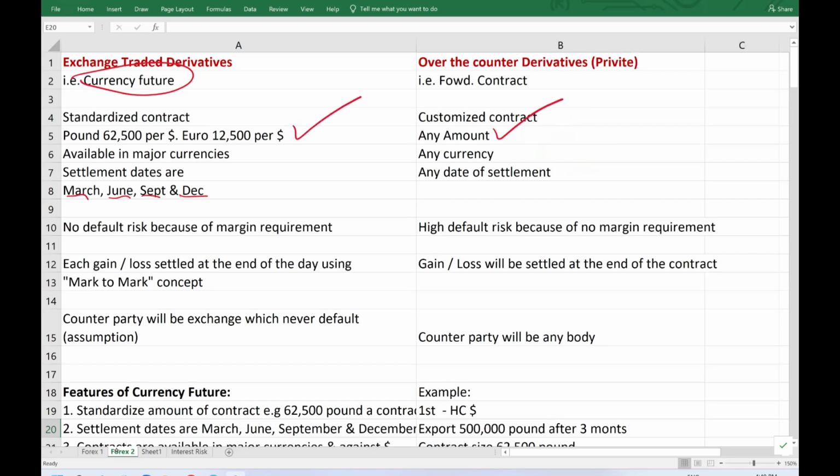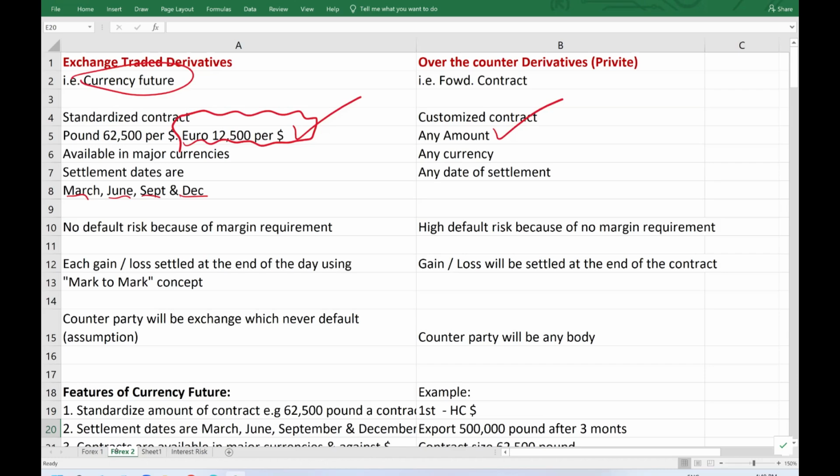The future is a standardized contract size. Let's say we are receiving euros in future and we want to hedge using the currency future. The forex market says we have a contract size: if you want to buy one future, it's a standard 12,500.